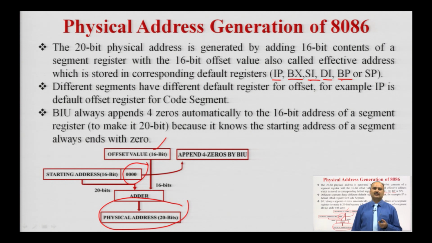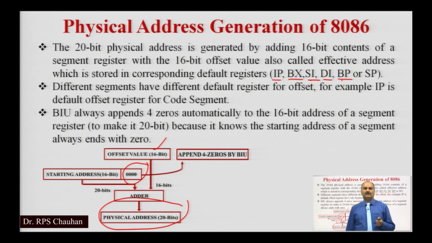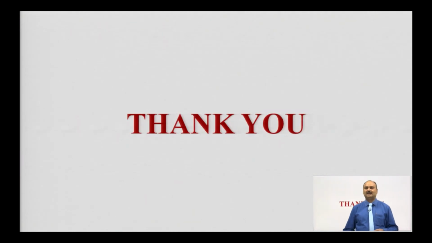All of these are 16-bit registers used to hold the 16-bit offset address, and the segment register will hold the starting address of the segment area of the memory, and these 0H are appended by the bus interface unit. Finally, after addition, we get the 20-bit physical address of the memory. Thank you very much.